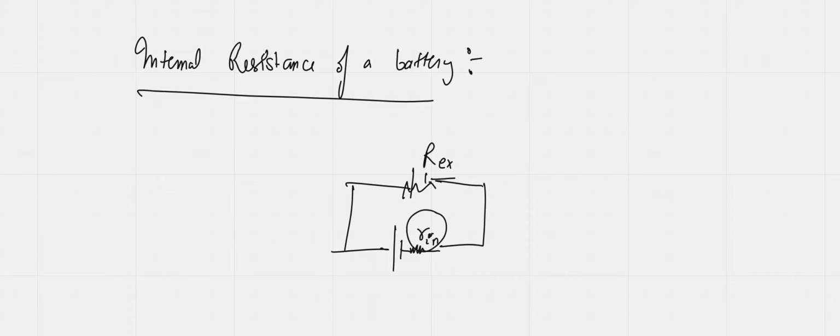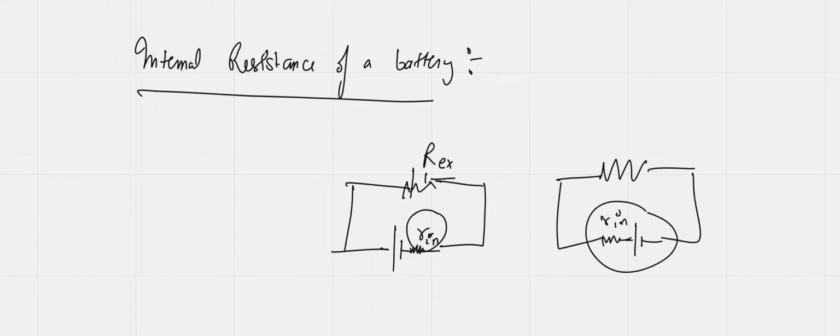Okay, Kirtana, just let me know, if I make the circuit like this, with R internal here, or like this, does it have any difference? Do the two circuits have any difference?